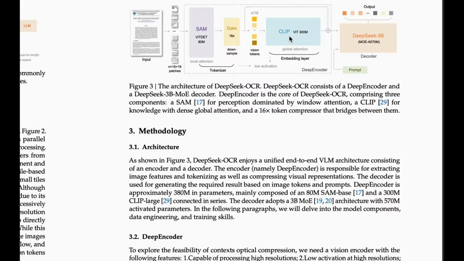So the philosophy here is cheap operations, which are window attentions, on many tokens, and expensive operations, global attention, on very few tokens.